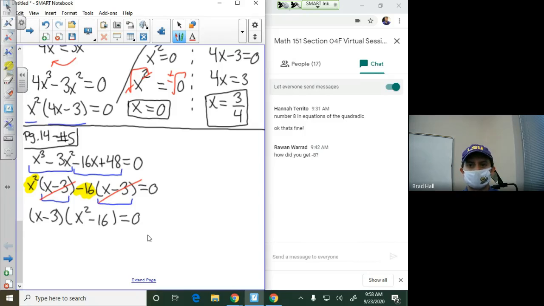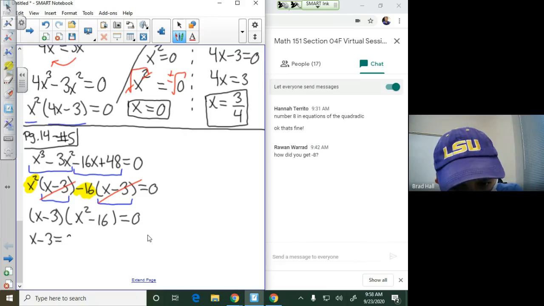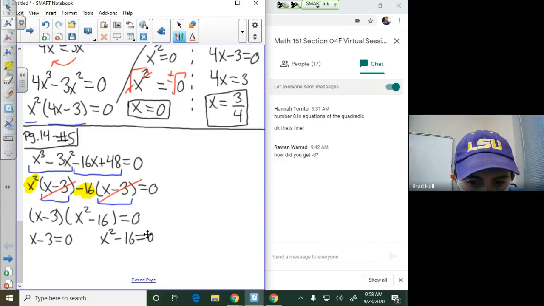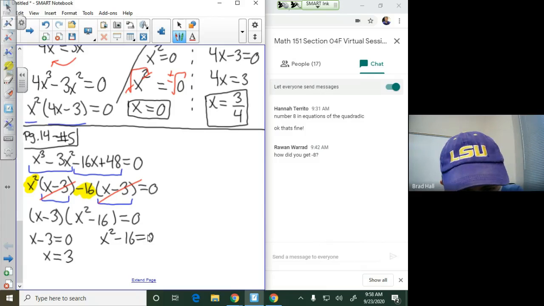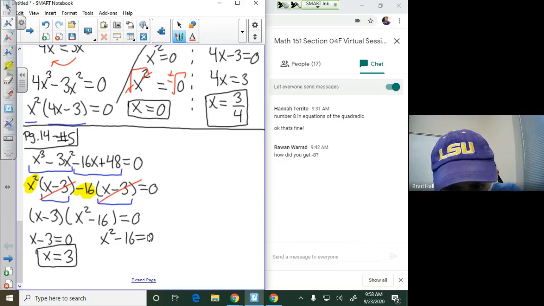And so the good thing about factored forms is we can split up the factors individually equal to 0. So x minus 3 gets its own 0, and x squared minus 16 gets its own 0. One of them is pretty easy to solve for. X is equal to 3. Then over here, we have to do a few extra steps.